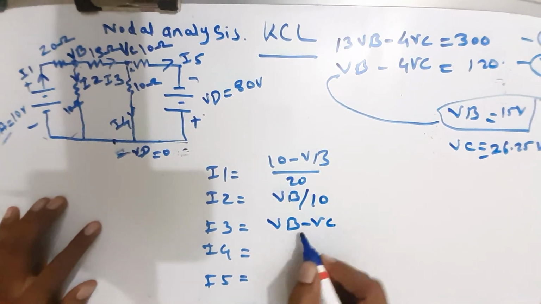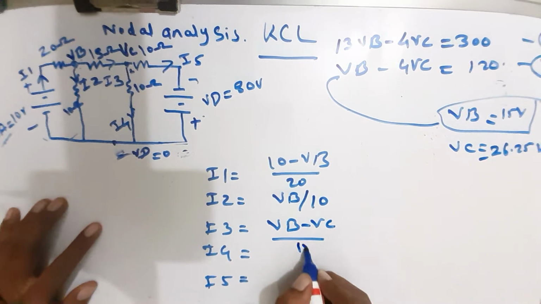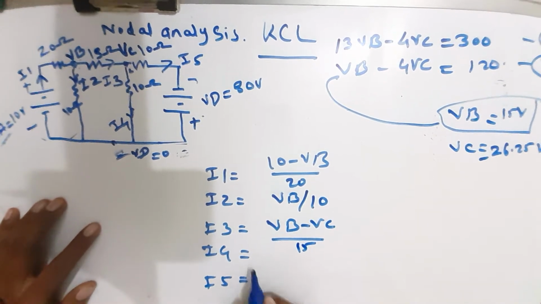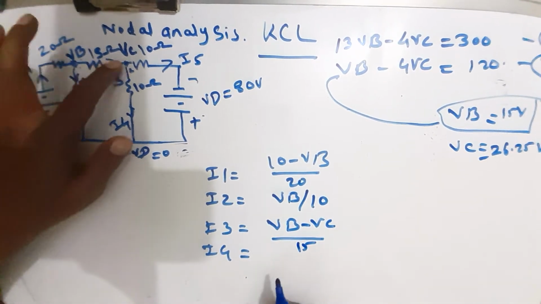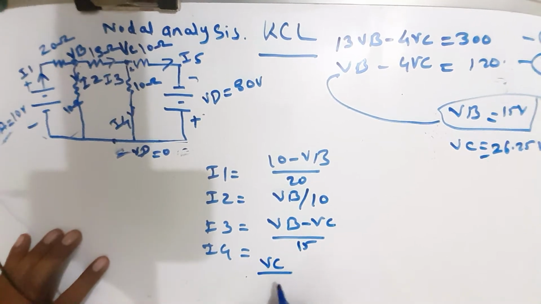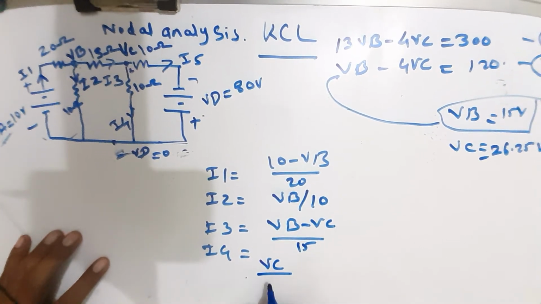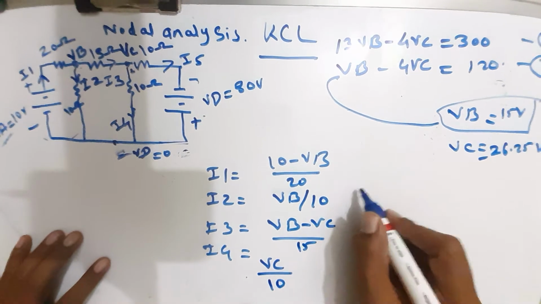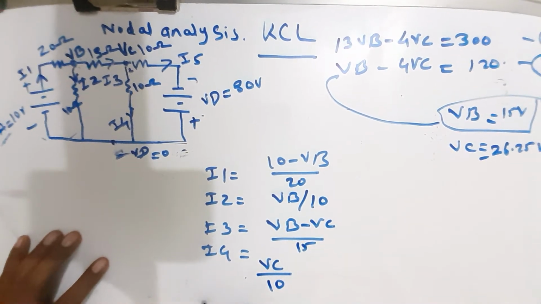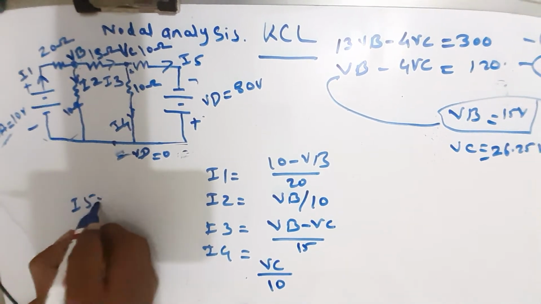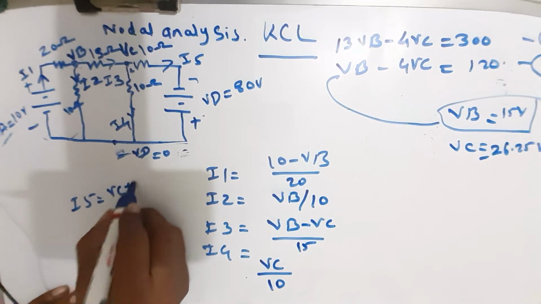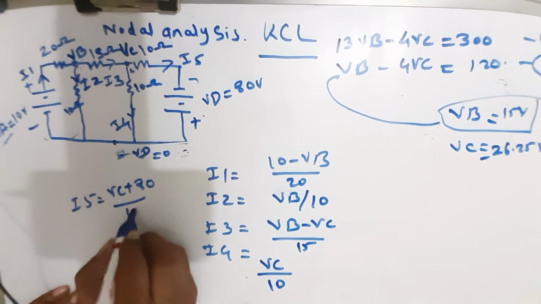VB minus VC divided by 15. I4 is what? I4 equal to VC minus 0. So that should be VC by 10.